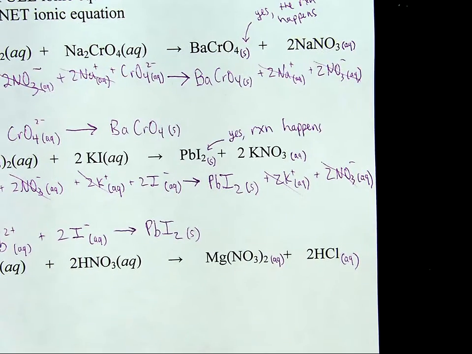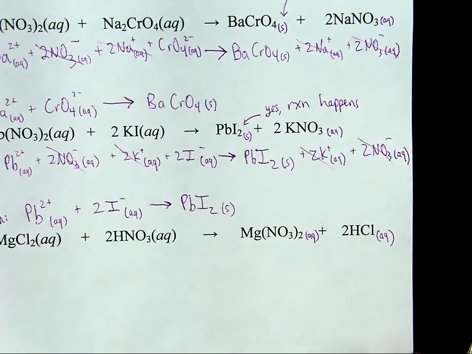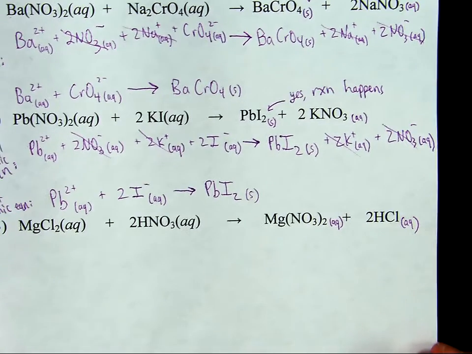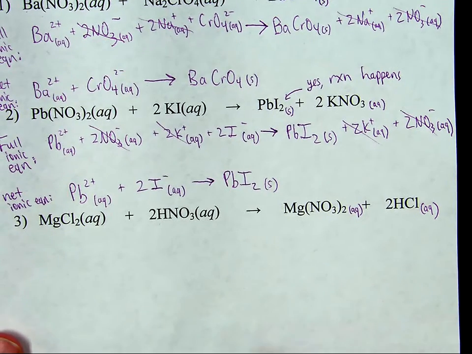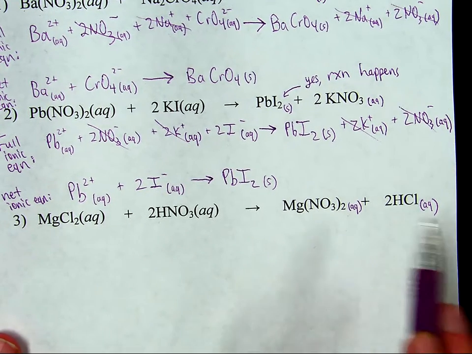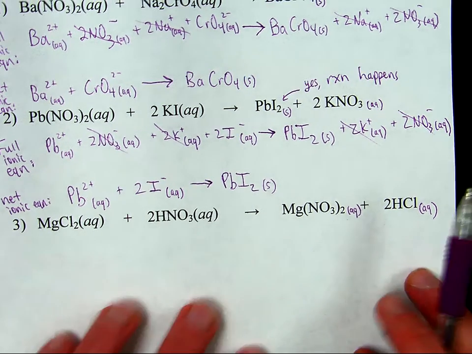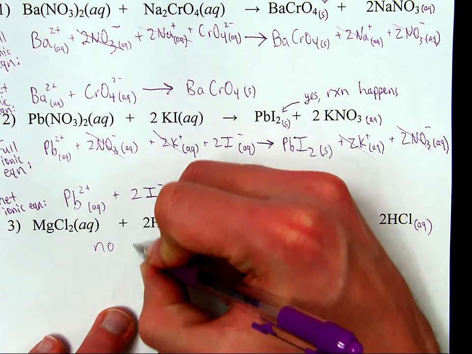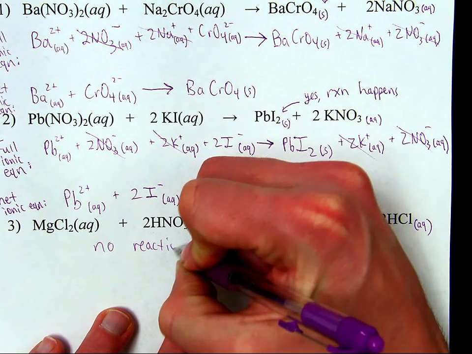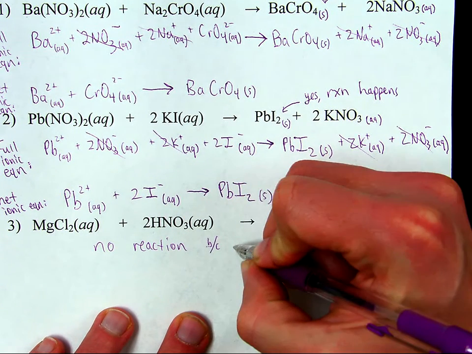Well, what do we have here? We have ourselves a situation where everything is aqueous, aqueous, aqueous, and aqueous. It's all aqueous. There is nothing that isn't aqueous. And if the whole thing is aqueous, then you can say no reaction because everything is aqueous.